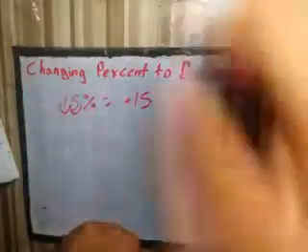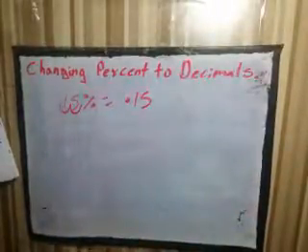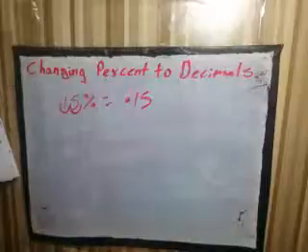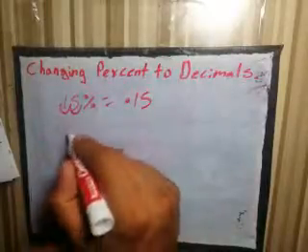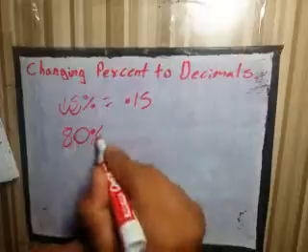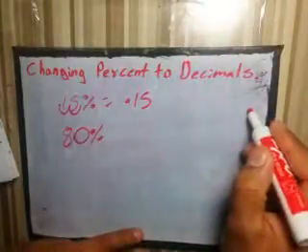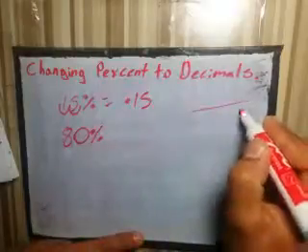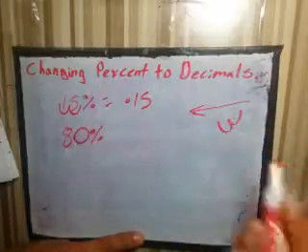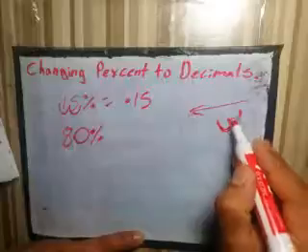For example, they ask you to change 80%. Remember the rule: two places to the left. Always. 1, 2.